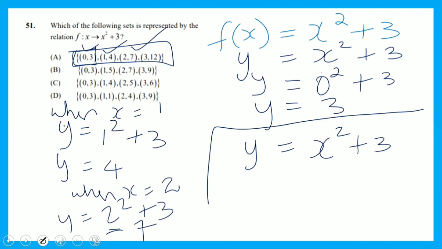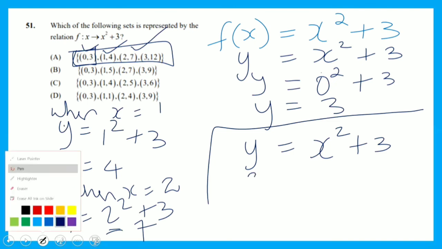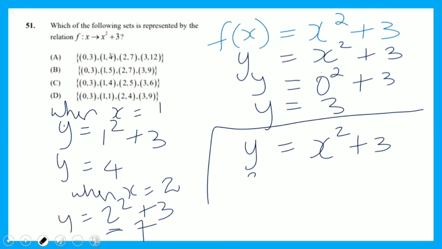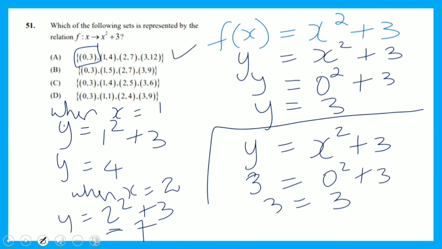If we're testing the point 0, 3, it would be 3 for the y value equals 0 squared plus 3. Are both sides of the equation equal? Yes. So you know that that would have represented the relation well. So A would have been our correct answer.